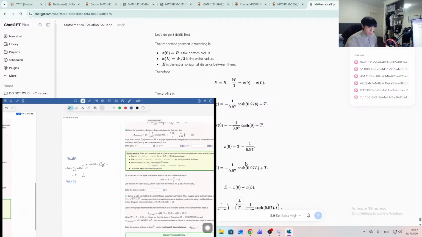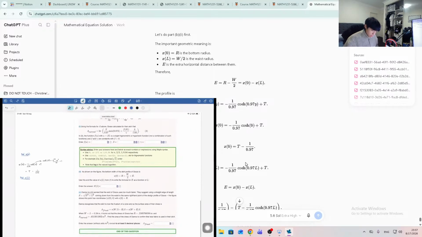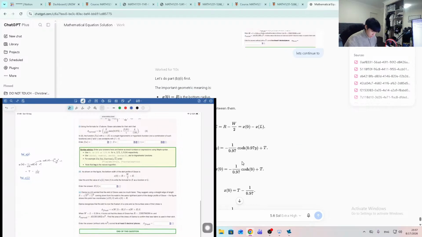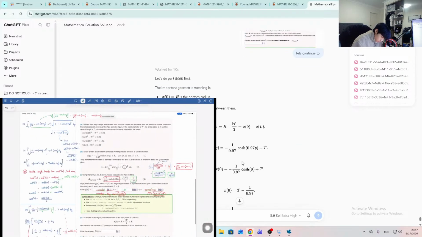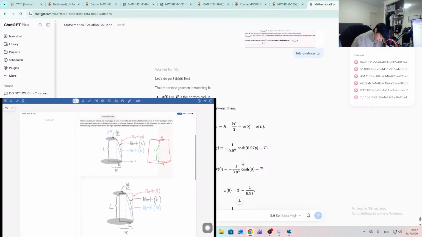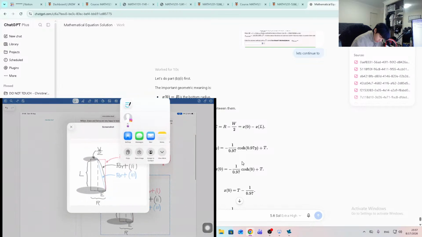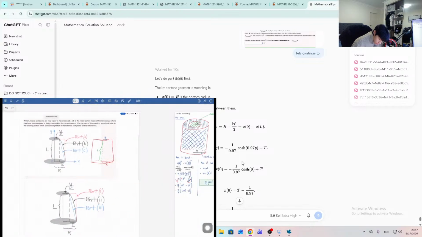How do you know that x0 is equal to? Oh, because E is the distance between. Oh my god. Yeah, no way anyone knows this, except me, because now I get the question.